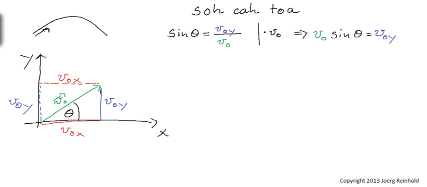So the sine is the opposite divided by the hypotenuse. The cosine of theta is the adjacent to the angle divided by the hypotenuse. So the adjacent to the angle is v naught x divided by v naught.